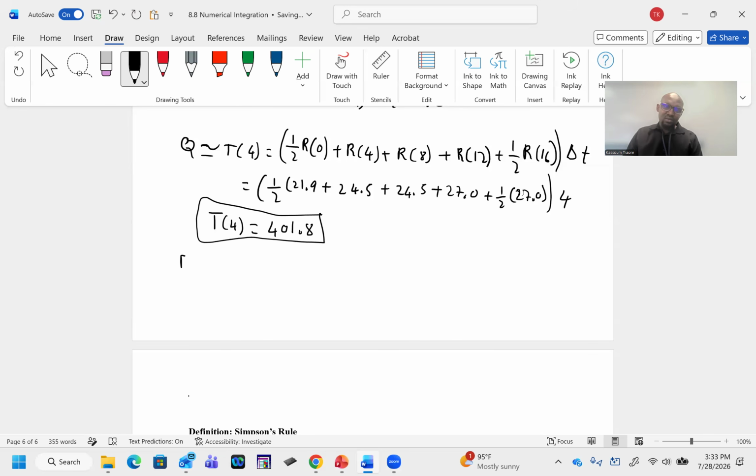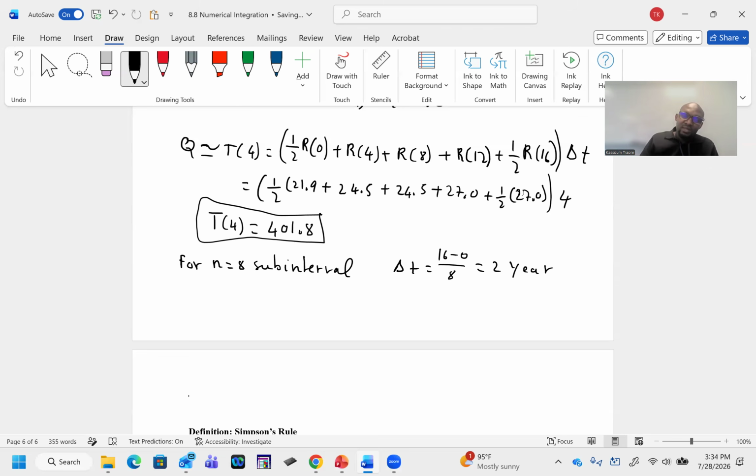For n equal to 8 subintervals, we can see delta T will be in that case what? 2, because delta T will be 16 divided by 8, which would be 2 here, right?